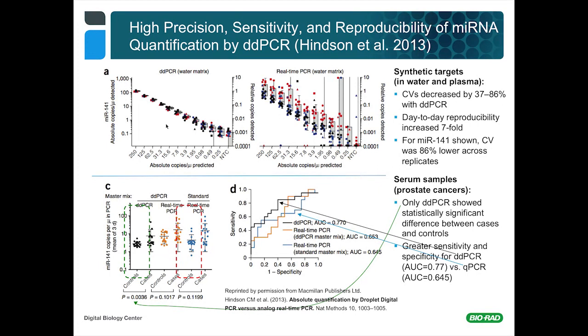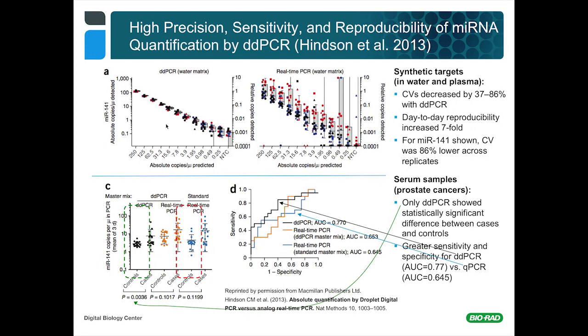And the green circle shows the digital PCR a little bit off center there, but you can see between the cases and controls that there's a better discrimination there than there is for qPCR on the right. So it actually turns out when you look statistically at whether or not you can distinguish cases and controls based on that particular marker, you have significantly higher sensitivity and specificity using the droplet digital PCR.